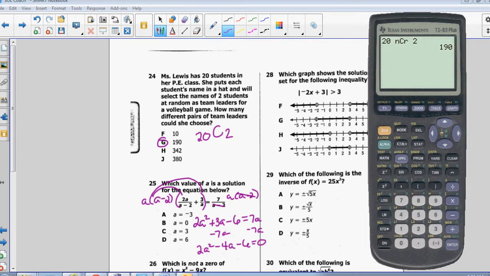So you're going to press y equals, clear out what's in there, and type 2x squared minus 4x minus 6. And if you press graph and look at it, you can see that the zeros are -1 and +3. And so -1 is not a choice, but +3 is a choice. So you're going to choose answer C.